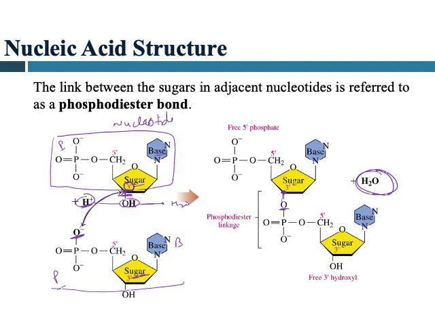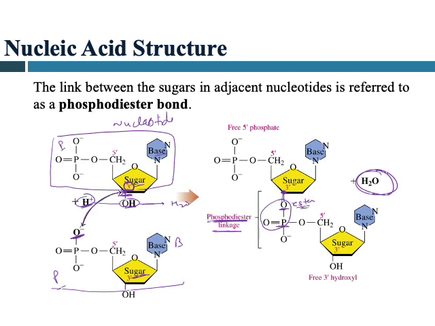The OH group from the third carbon of the sugar molecule is going to attach with one of the oxygens of the phosphate group, right? And now this type of linkage we call phosphodiester linkage. Means you have a phosphate group and you have two ester linkages. So this is one ester linkage, right?